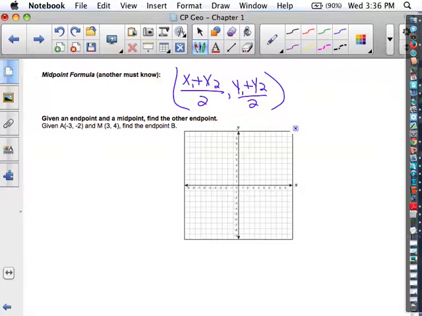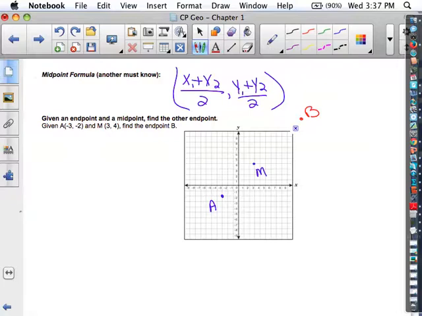A different type of midpoint problem that we have is when we are given an endpoint. So we have an endpoint at (-3, -2). There's A. We're given that the midpoint is at (3, 4). And we have to find that other endpoint out here somewhere, B. And there are several different ways to do it.